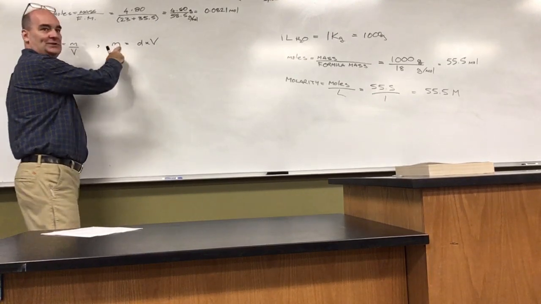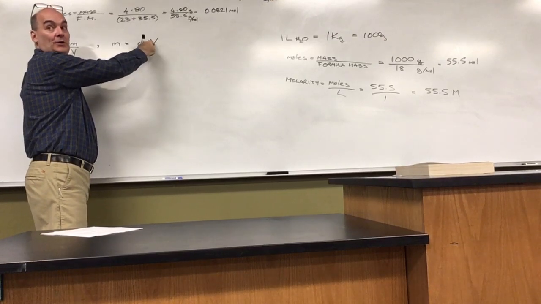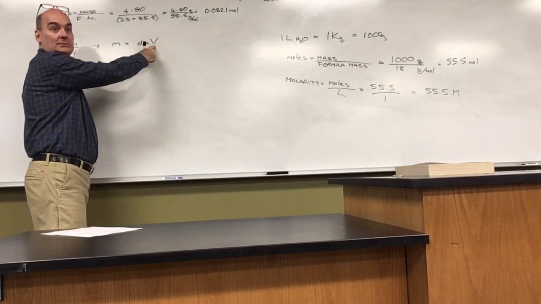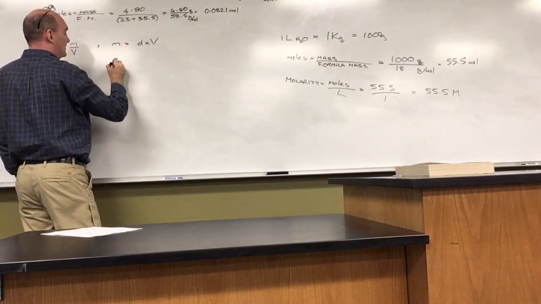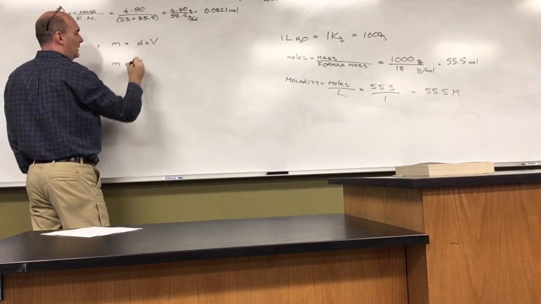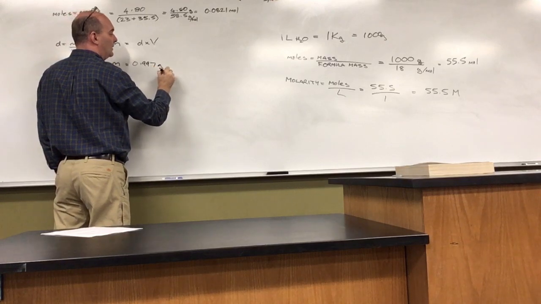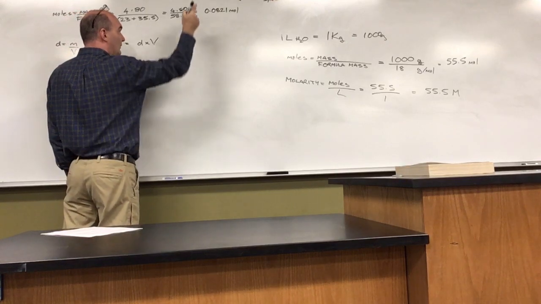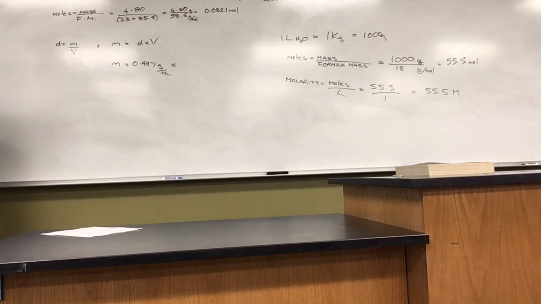So mass needs to be in grams. Density is in grams per milliliter. Volume is currently in milliliters, right? So let's figure this out. Mass is, what's my density? 0.997 grams per milliliter times the volume. Oh, volume's in liters.